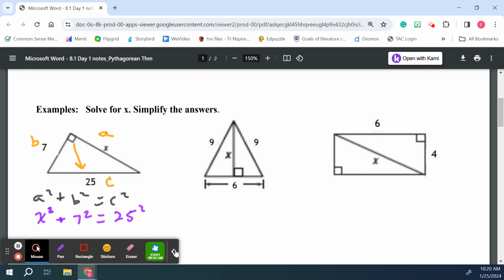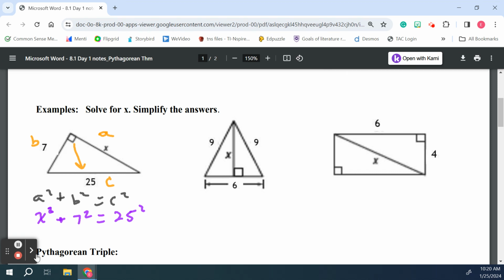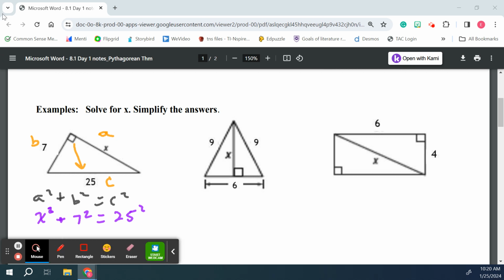Now from here we solve. We're going to square the 7 and the 25. Someone tell me, what's 7 squared? Anybody? Bueller. All right, let's go to Delta Math, and I will call on somebody since there are no volunteers.